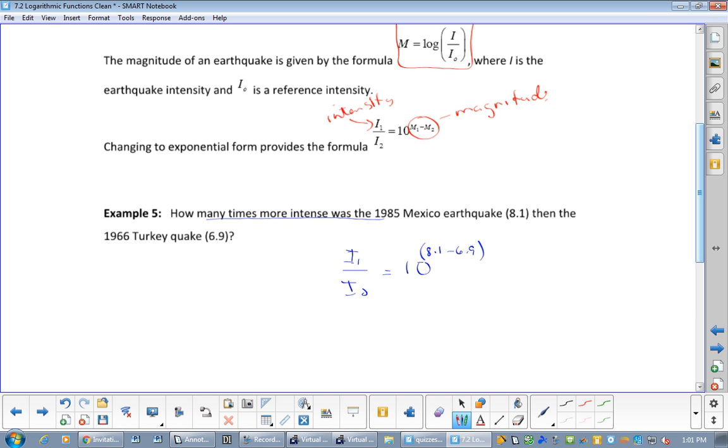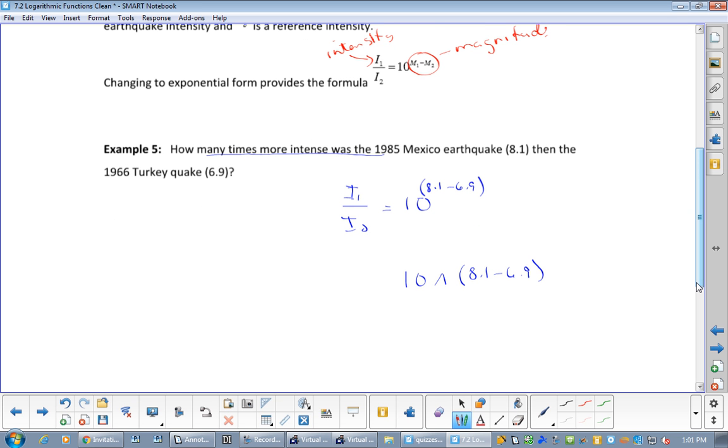So we're going to put 10 exponent 8.1 minus 6.9. Now, how much more intense was the first one? What did you get? 15.8. So therefore, it was 15.8 times more intense.